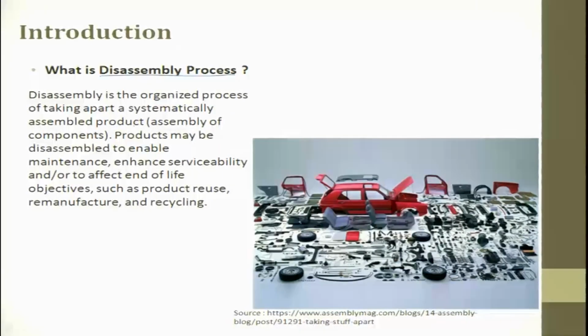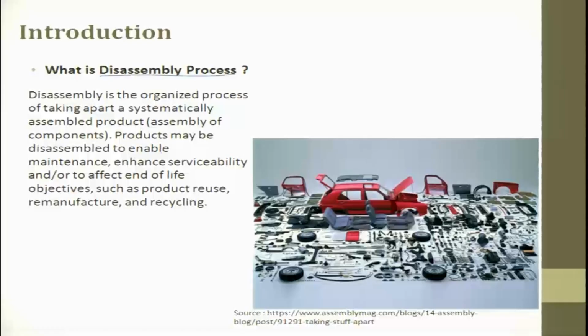It need not follow the same sequence. Assembly goes from 1, 2, 3, 4, 5 to 10, and disassembly need not go from 10 to 1. It can follow some other route also. The product may be disassembled to enable maintenance, enhanced serviceability and or to affect the end of life objectives such as product reuse, remanufacturing and recycling.